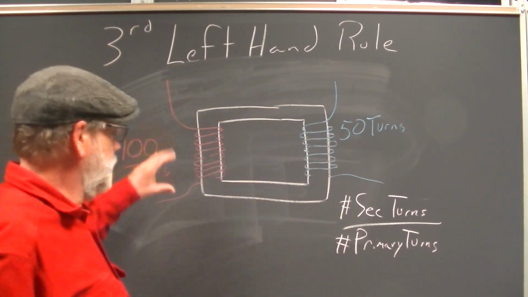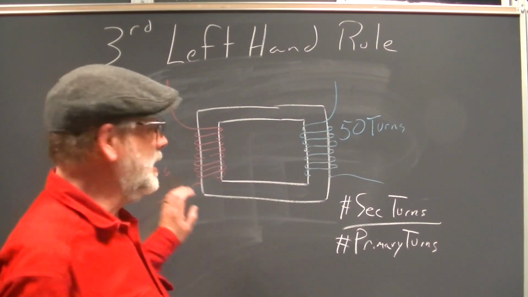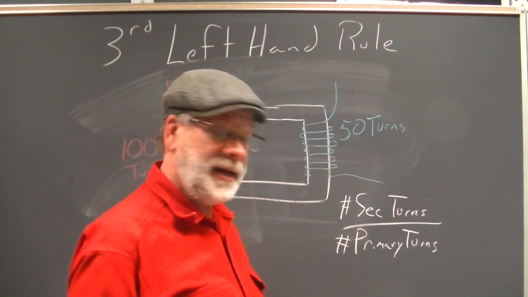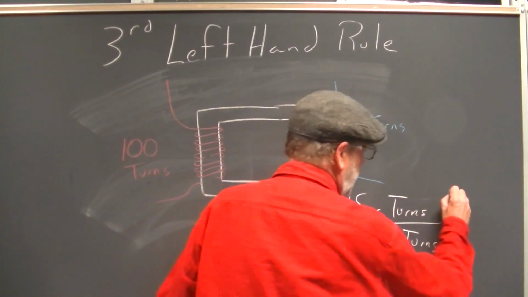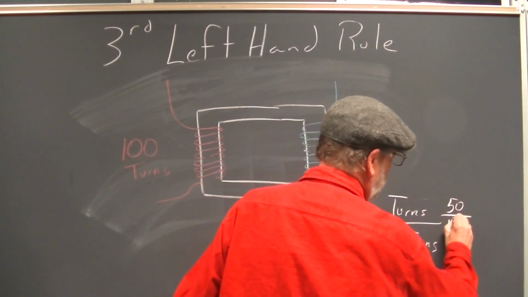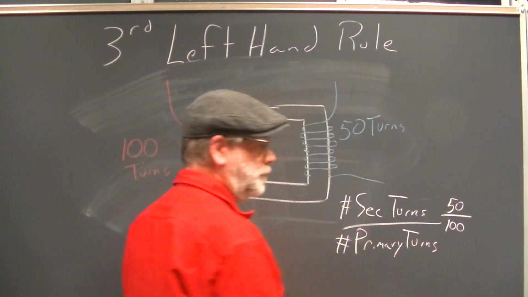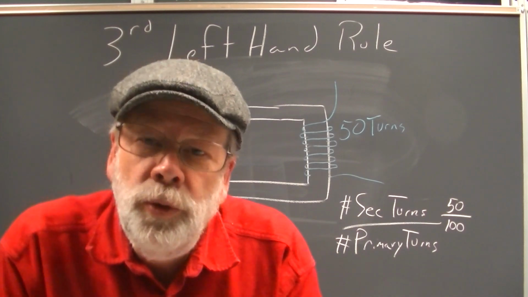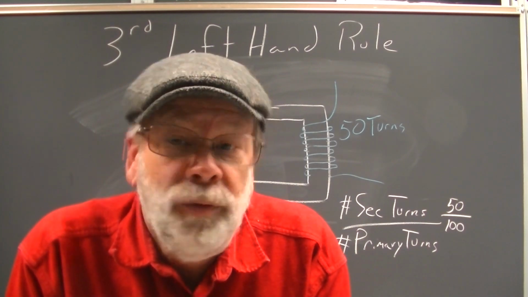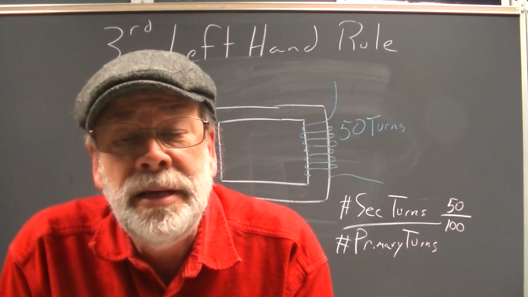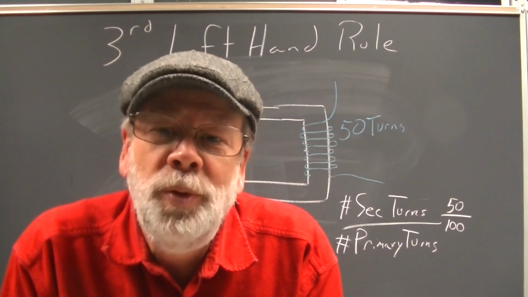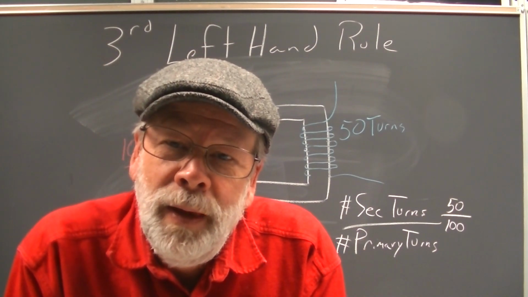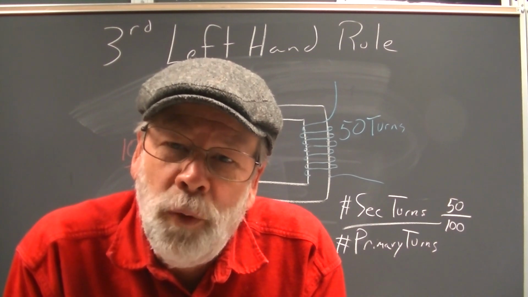If I had 100 turns on the primary and 50 turns on the secondary, so we have 50 over 100, it would reduce my voltage by half. Whatever the input voltage is, now the output voltage would be half of that. And that's how a transformer works.